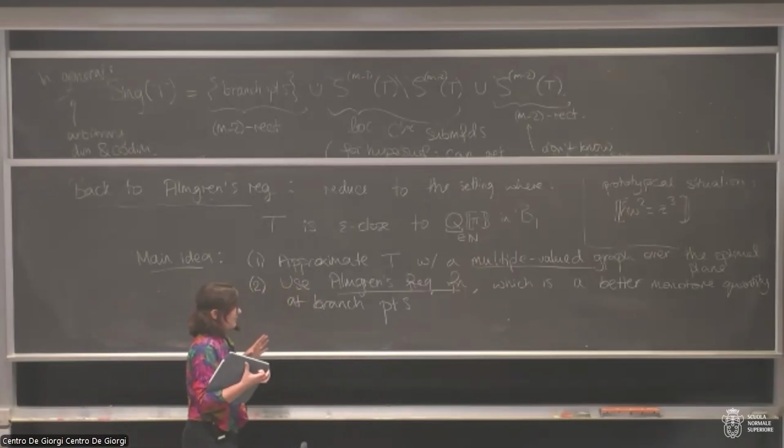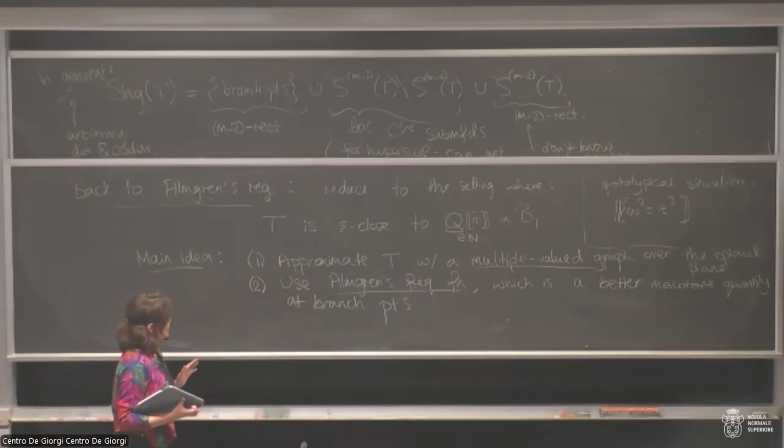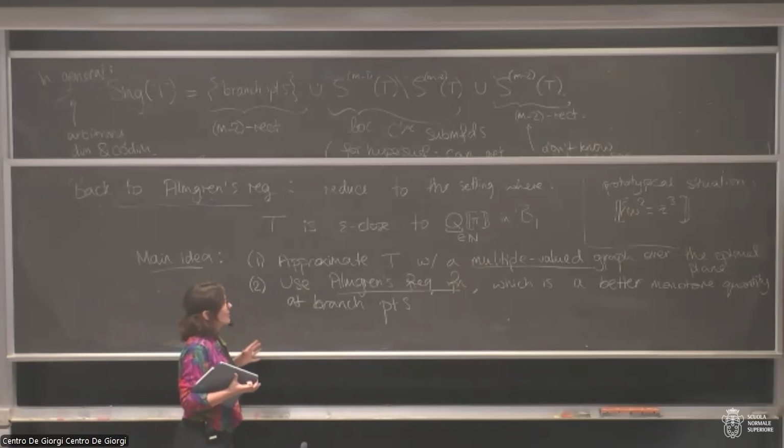And what it's telling you around a given point in the zero set of your harmonic function at a given scale is the kind of homogeneity of the function at that scale relative to that center point.